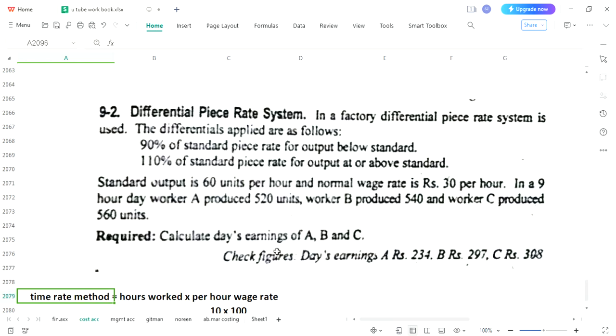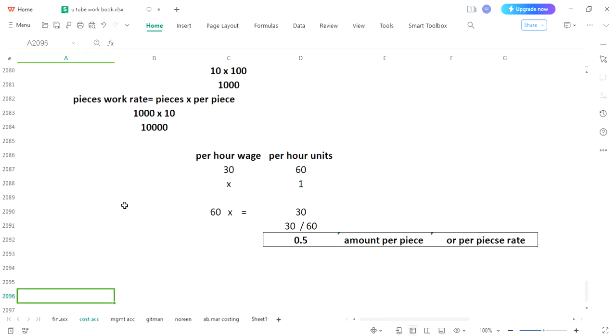So go back to the question, and there is another thing which is said: 9 hours a day. 9 hours are given to the workers to work. It means we need to know how many pieces should be made in 9 hours. Again, we will use the same pattern.